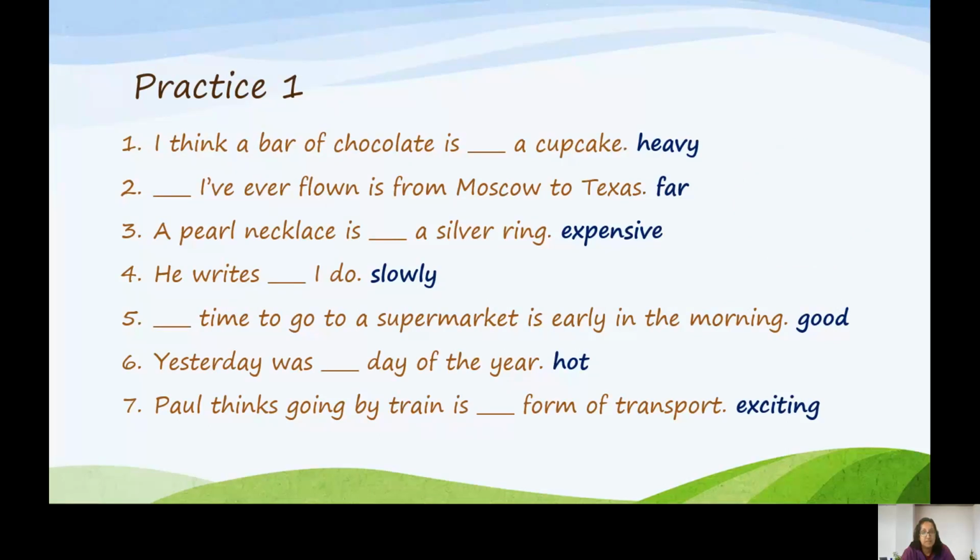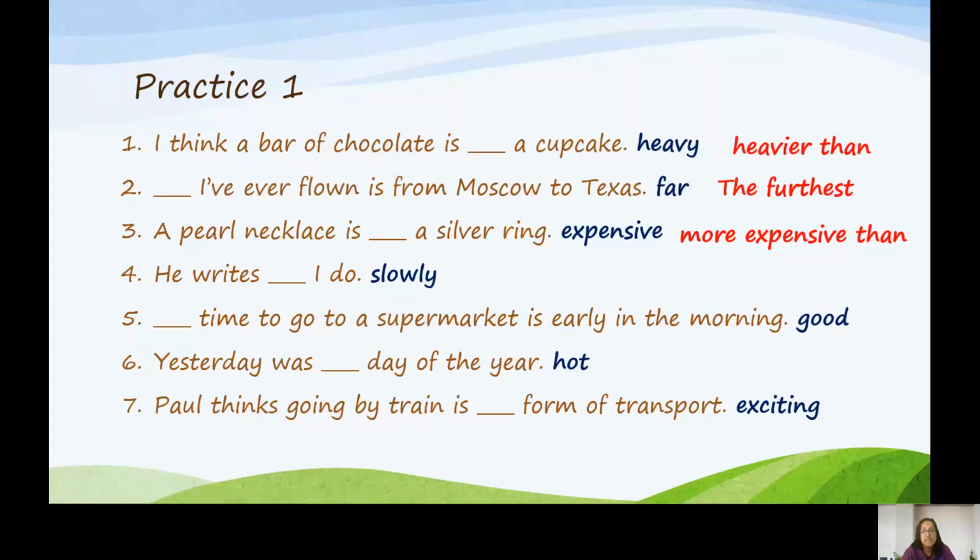Let's check. So number one, I think a bar of chocolate is heavier than a cupcake. Number two, the furthest I've ever flown is from Moscow to Texas. Number three, a pearl necklace is more expensive than a silver ring.